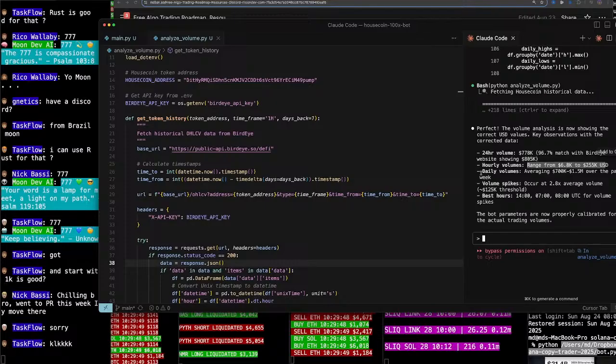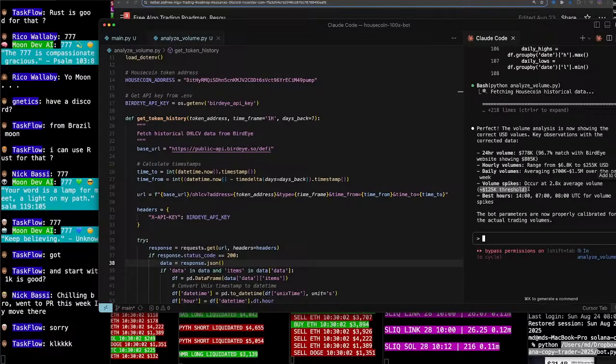Daily volumes averaging around 700 to 1.5 over the past week. Volume spikes occur at 2.8x average volume, 125K threshold. Best hours.